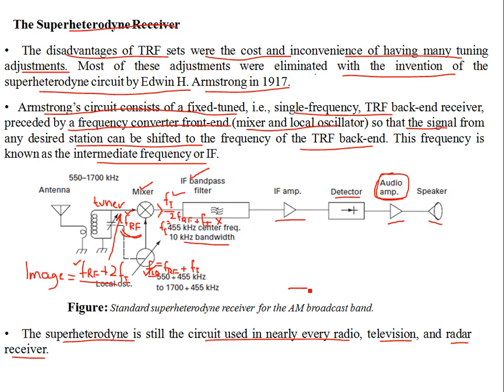The reason is that you can employ a bandpass filter as such, and if this is your FC, which is tuned to FRF, the desired frequency, we are not looking for a frequency that is higher than FRF. Let's call this the image frequency. We have this image frequency somewhere over here. This frequency is FRF plus twice Fi.